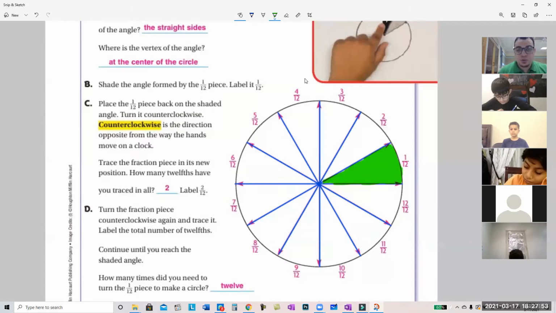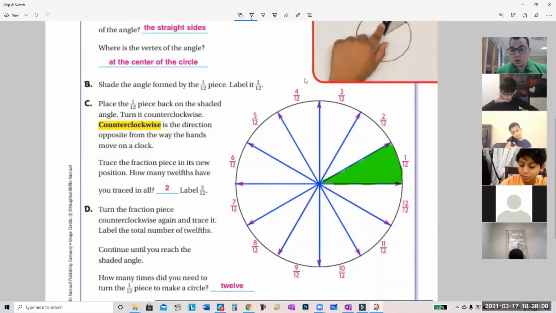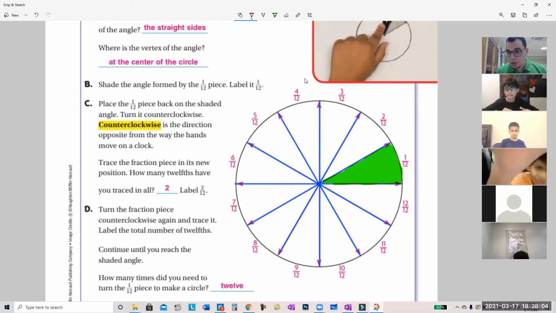Okay, now if you want to write the fraction that represents this part, how many parts do we have here? The shaded part, how many shaded parts here? We have only one shaded part, right? Over the total number of parts, how many parts in the whole circle here? 12, right? So the fraction that represents this shaded part is 1 over 12.